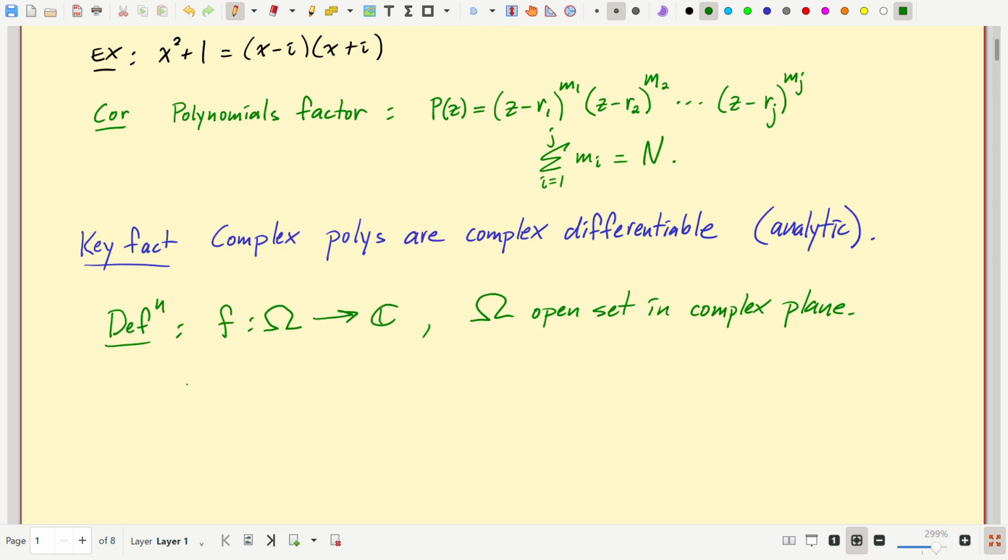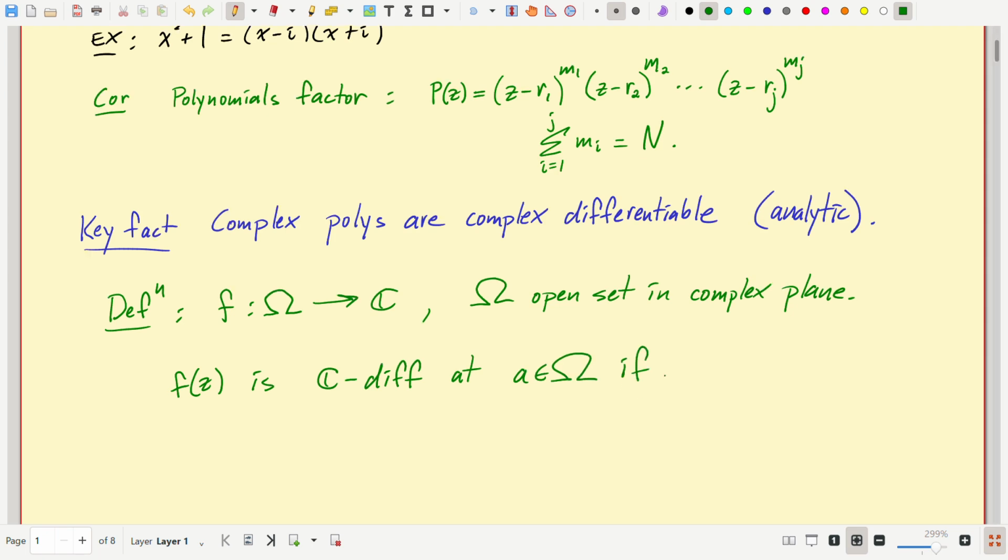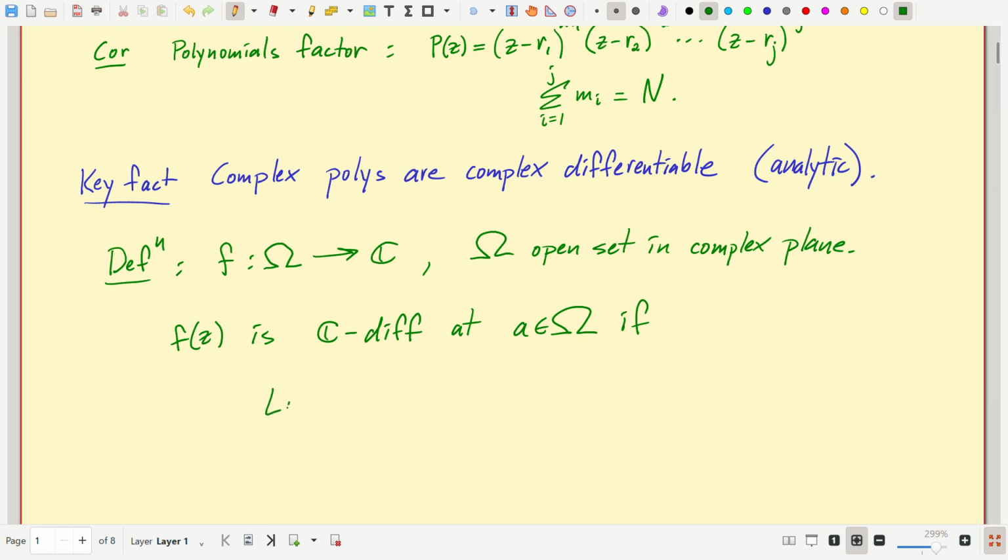Then we say that f of z is complex differentiable, I'll write c-diff, at a point a in omega if the limit as z tends to a of the difference quotient, f of z minus f of a over z minus a, exists.